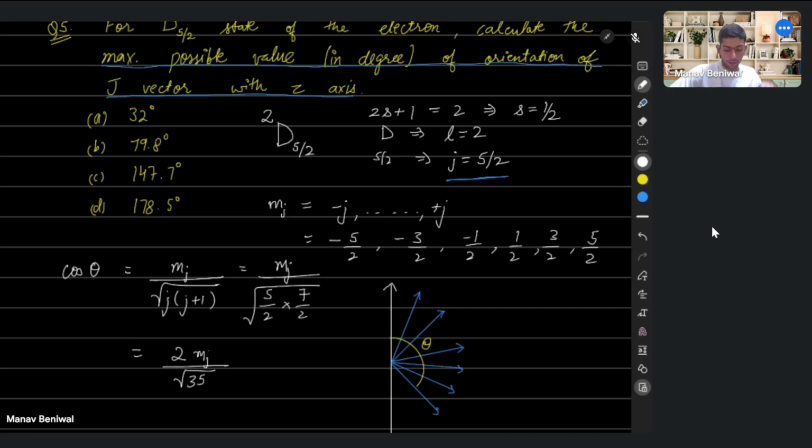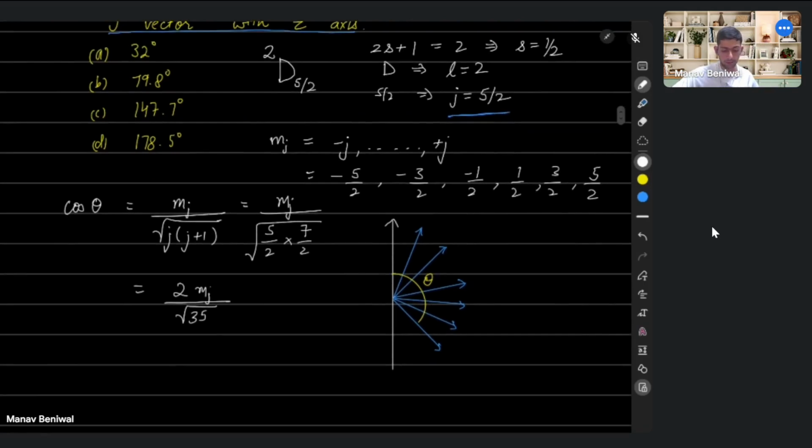So now when will this be maximum? I should also write the values here. So this corresponds to minus 5 by 2, minus 3 by 2, minus 1 by 2, 1 by 2, 3 by 2, and 5 by 2. These are the different mj values. And now you can see that this theta corresponds to the value of minus 5 by 2. So this is what we will plug in here. So our mj will be minus 5 by 2.